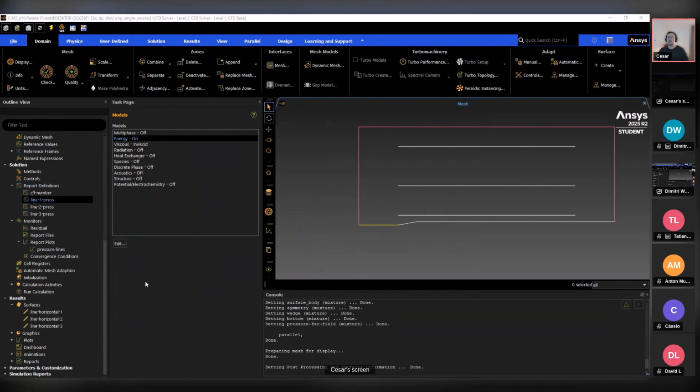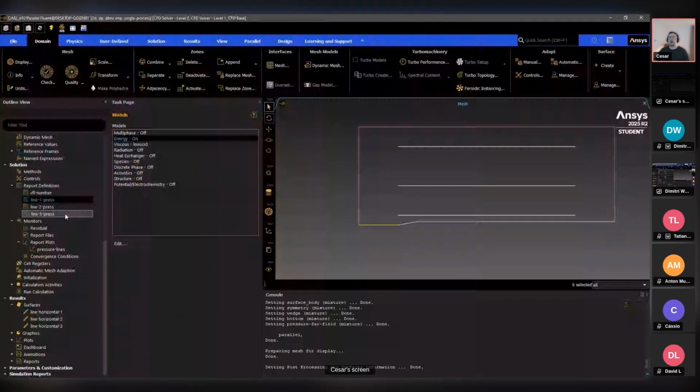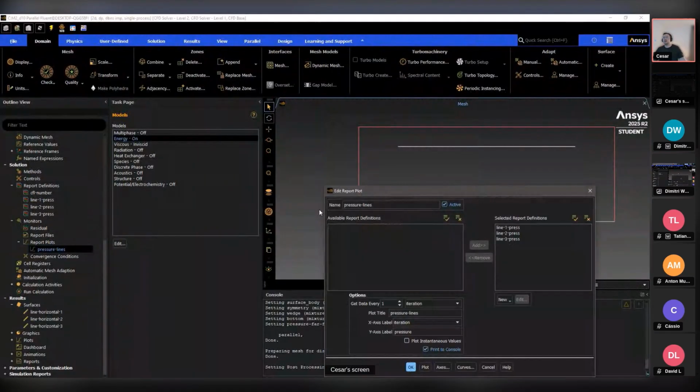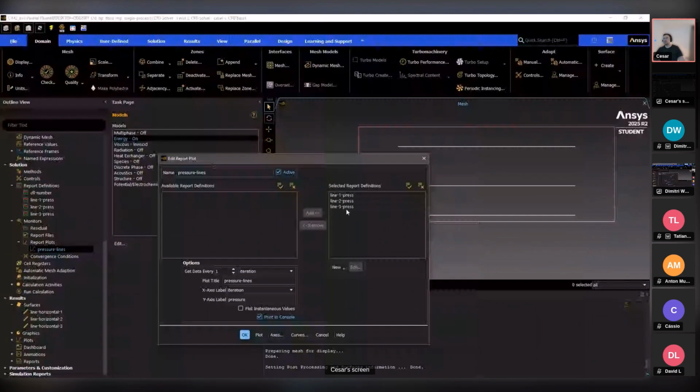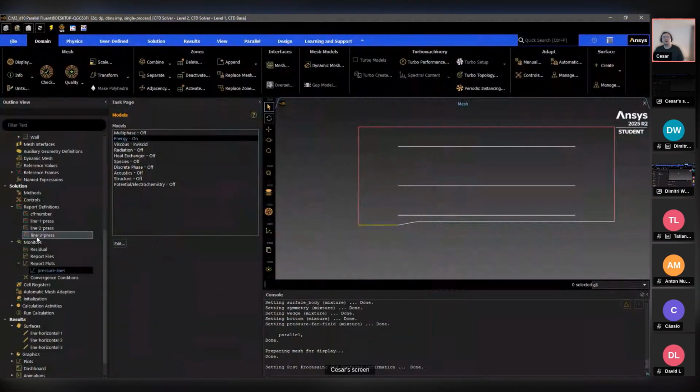In this report, line 1 pressure, I am doing the area weighted average of the static pressure across this line, and then I'm outputting a number that I'm controlling through the simulation. Then I have 3 report definitions, and here I am creating a report plot where I am showing the evolution of these metrics. We will see later on what this really means.